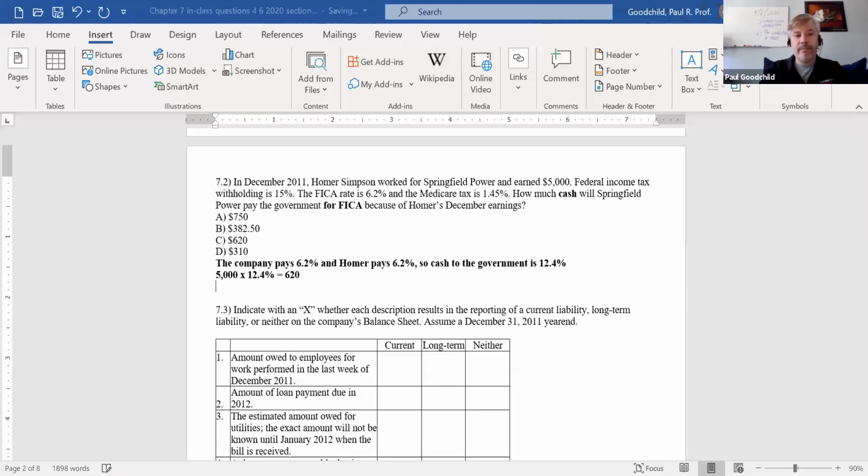So technically, Homer has $310 withdrawn, and the company pays $310, but it sends the $620 total cash to the government. Okay.